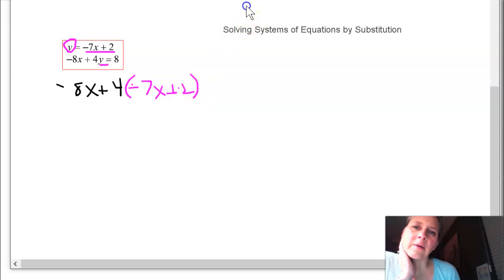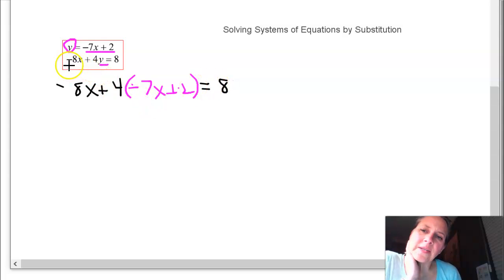And now I'm going to write the rest of the equation in black. Equals 8. So you can see it's this equation right here. All I've done is rewrite this equation, and then instead of writing y here, I put in this underlined part of the other equation. Sorry, that's a little messy.